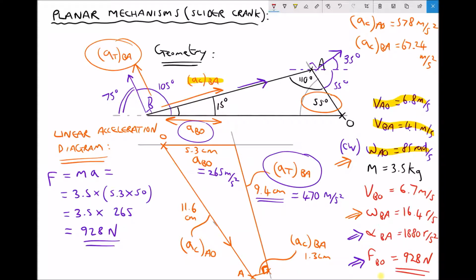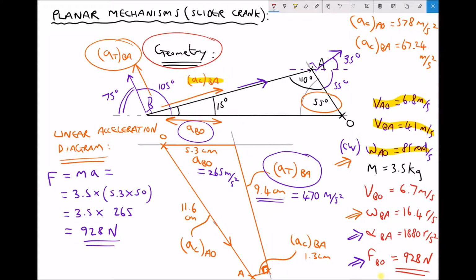So just a quick summary of what we've done there. We've used scale drawings, first of all, to produce an accurate geometry to represent our slider crank mechanism. And the reason we needed that was to determine the internal angles within the geometry. Once we had our accurate geometry, we produced a linear velocity diagram.